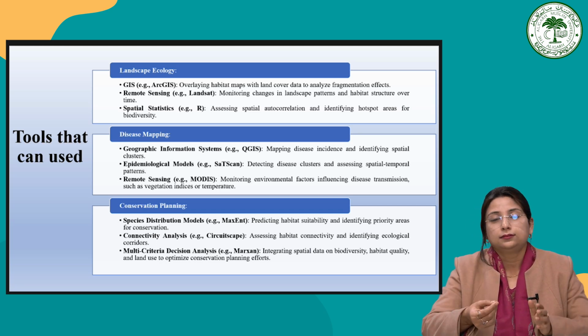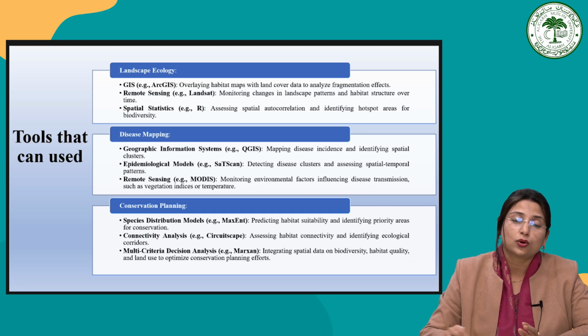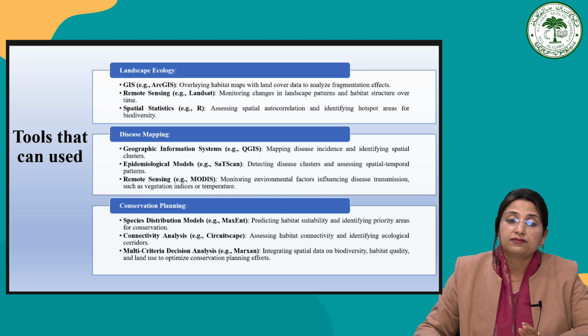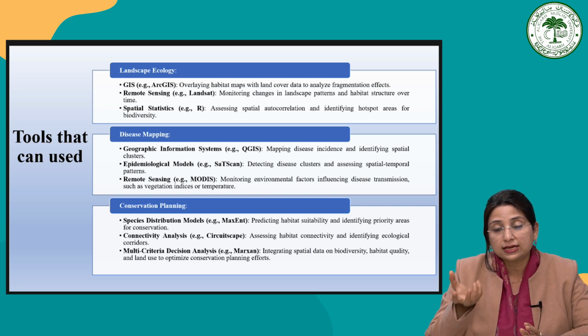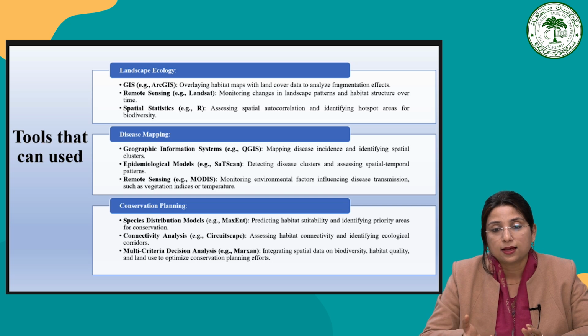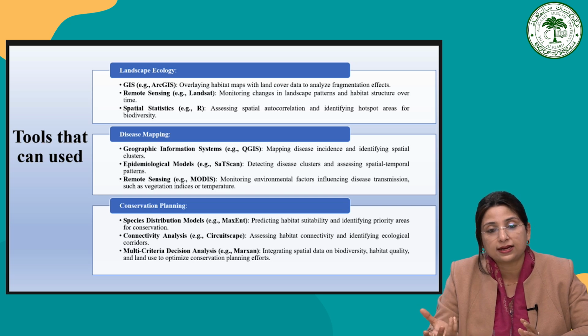A few tools like GeoDa also have various functions. GeoDa has exploratory spatial data analysis, mainly known as ESDA, which is used to identify spatial clustering at certain places, maybe in terms of ecological or epidemiological datasets. The clustering can be identified.